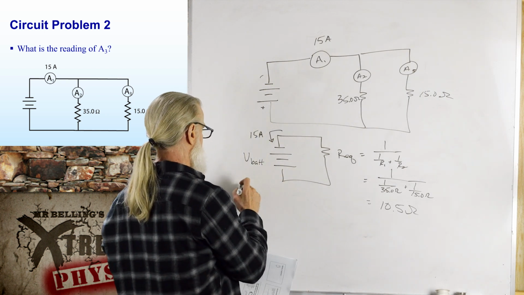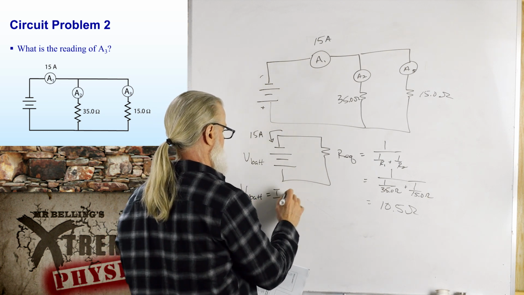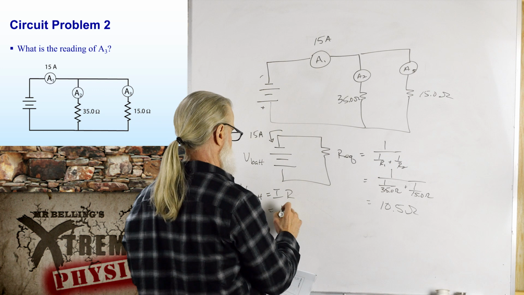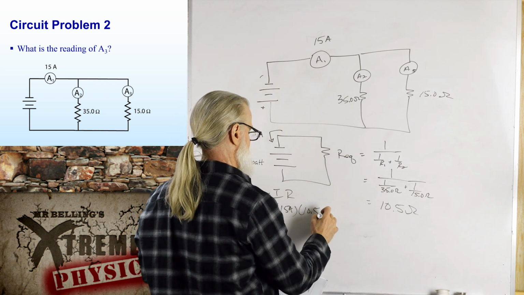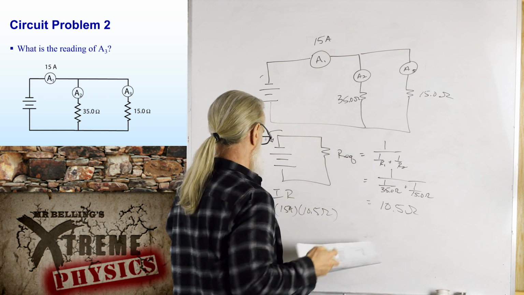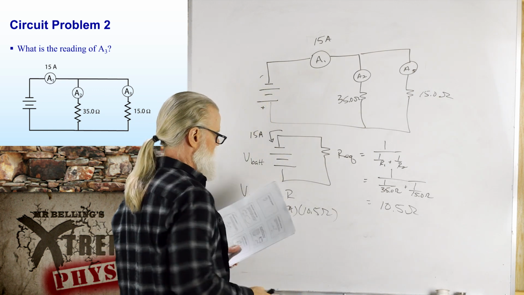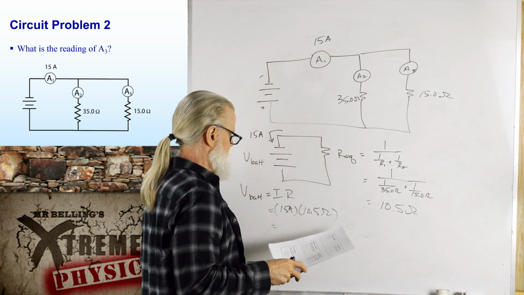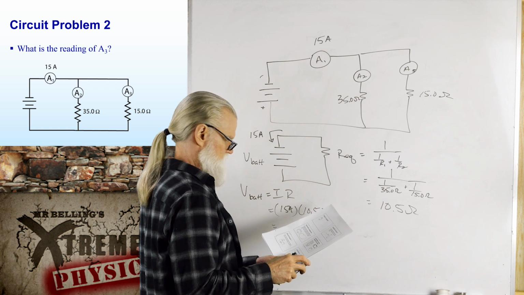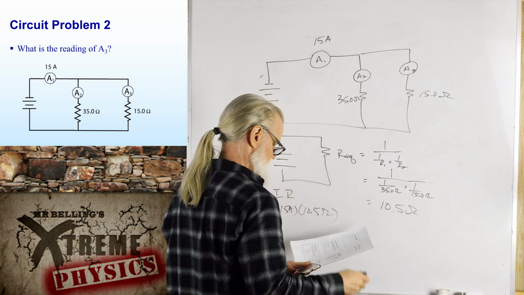All right, so therefore, V bat equals IR equals 15 amps times 10.5 ohms. Oh, that's a big old battery. That's over 150 volts. Much larger than most batteries. Wow, 157.